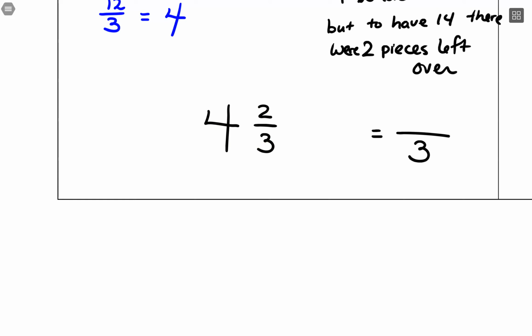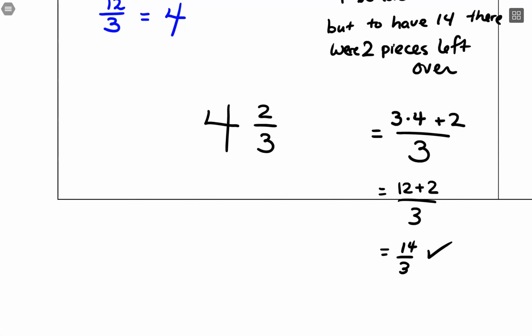How it's going to go is you're going to take 3 times 4, so there's multiplication there. And then there's going to be addition, so 3 times 4 and then plus 2. So we have 12 plus 2 over 3, which is 14 thirds, which checks out completely.